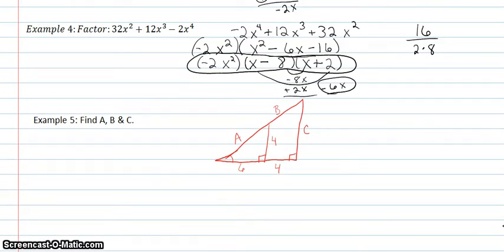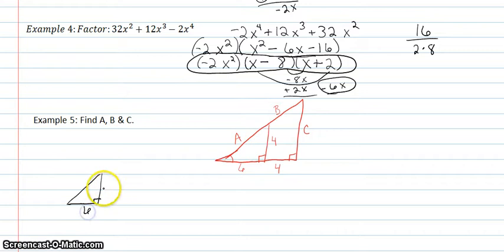Alright, our last example, example 5, says to find A, B, and C. So what we could do to make it a little bit easier is to write this as two separate triangles, the small triangle.